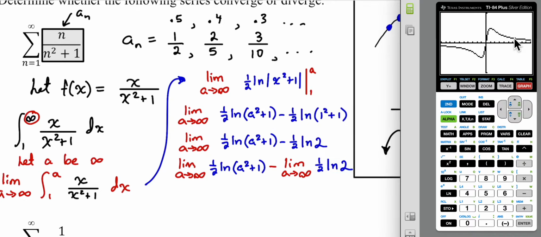So whether this integral is going to converge or diverge is going to be strictly dependent on the natural log part of it. All right, so you could do it a couple of different ways.